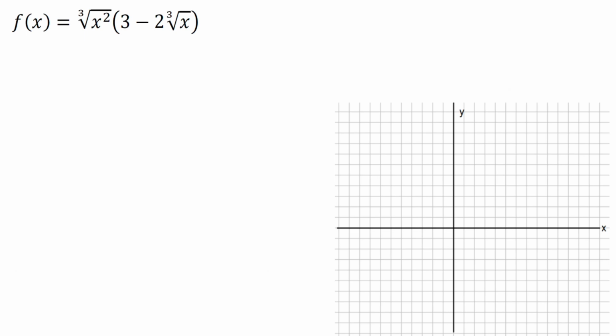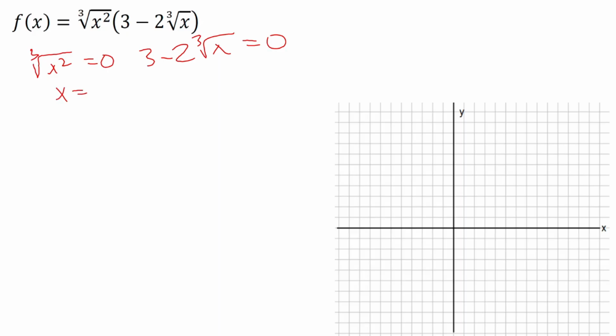All right, our second one here, we are going to first start off with the x and the y intercepts, right? So our x and our y intercepts here should be just set equal to 0 here. Cube root of x squared should equal 0, and 3 minus 2 cube roots of x should equal 0.